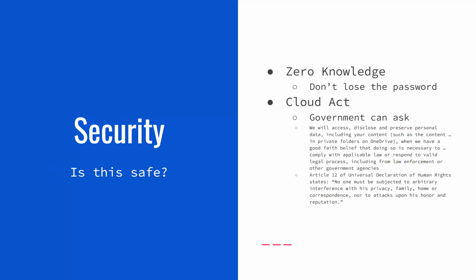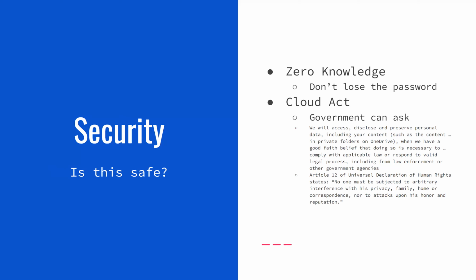The Cloud Act happened, I believe, in like 2016, 2018. And basically what that means is any cloud storage solution based in the US, so anything that has a data center in the US, has access to all of your files, and they will access, disclose, and preserve personal data, including your content.